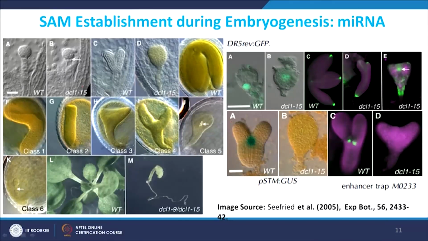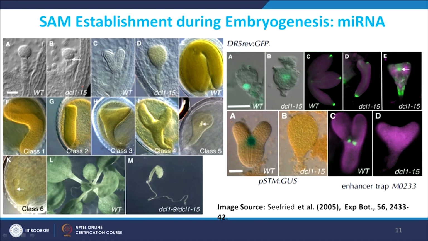Apart from auxin and this key regulator of the Wuschel and Clavata signaling pathway, microRNA has been identified as a very important regulator of stem cell property or shoot apical meristem function. For example, DCL1 is basically a system which helps in biogenesis of microRNA or small RNAs.